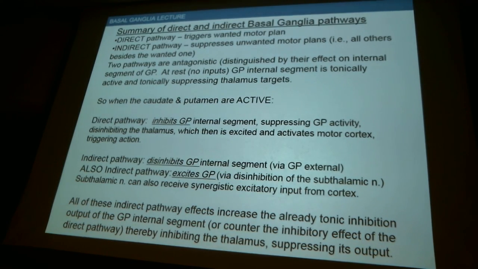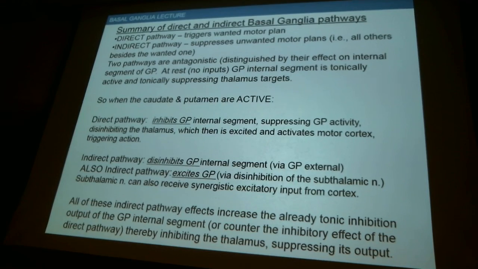So this is a text explanation of the direct pathway and the indirect pathway. The idea is that the direct pathway triggers the motor plan you want to do. Okay, saccade here. The indirect pathway suppresses any of the unwanted motor plans. Don't saccade over there, or here, or here. Almost anything else. You want to do that one thing.